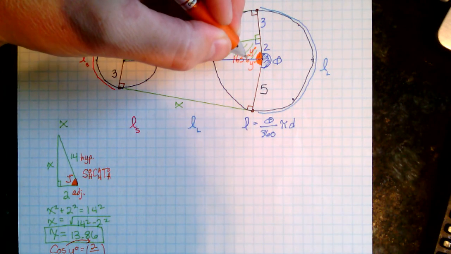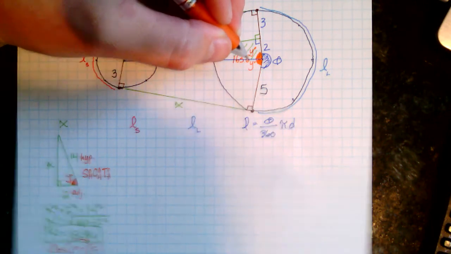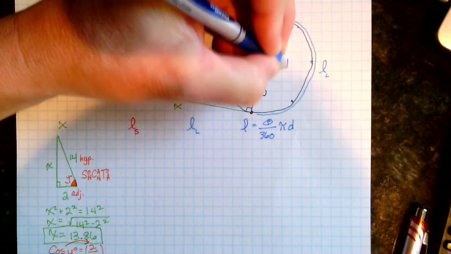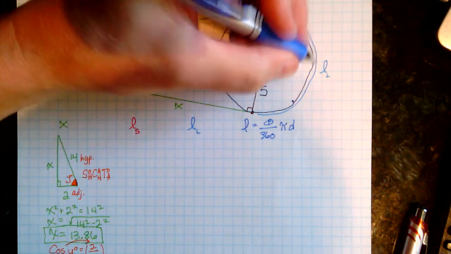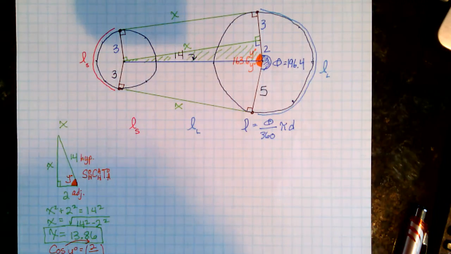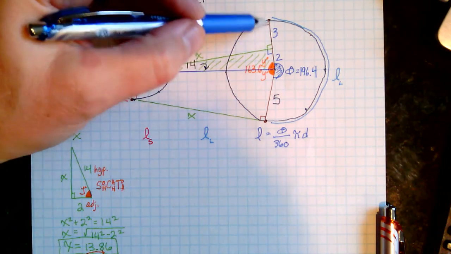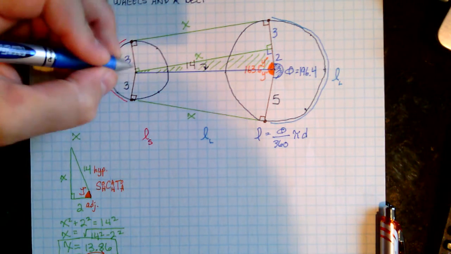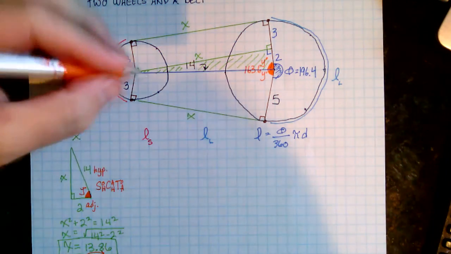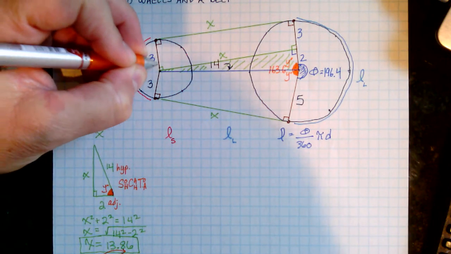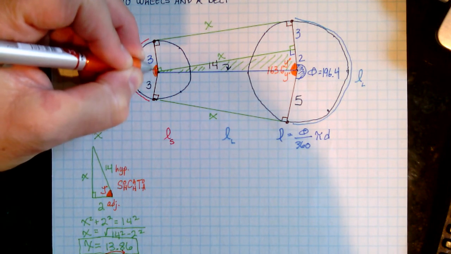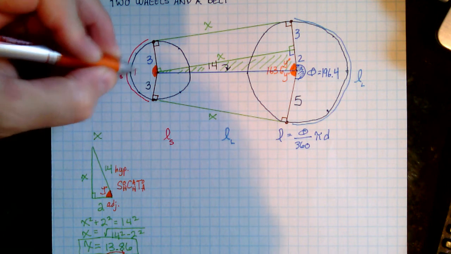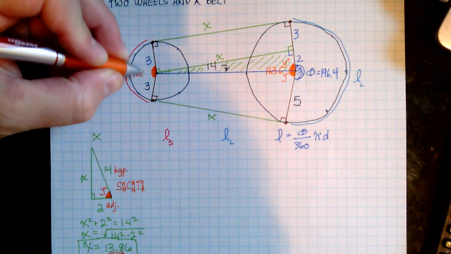And then if I subtract that from 360, I get the other angle that I'm looking for, which is 196.4. Now, since these two lines are parallel, that means this central angle over here is the same as the central angle on this other circle. So that one's 163.6.